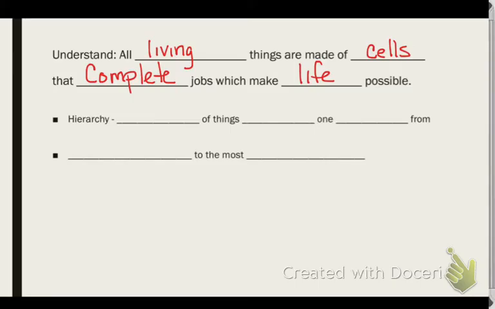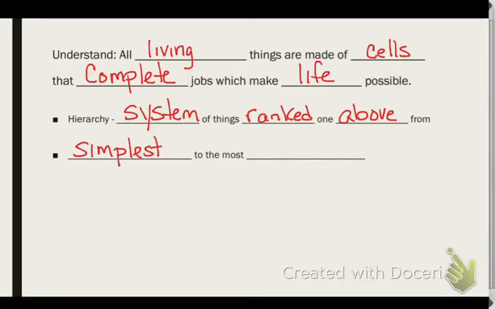And I just wanted to define what hierarchy is so that you have it right in your mind for how we're using it here. It's a system of things that are ranked one above another from simplest to most complex in this instance.